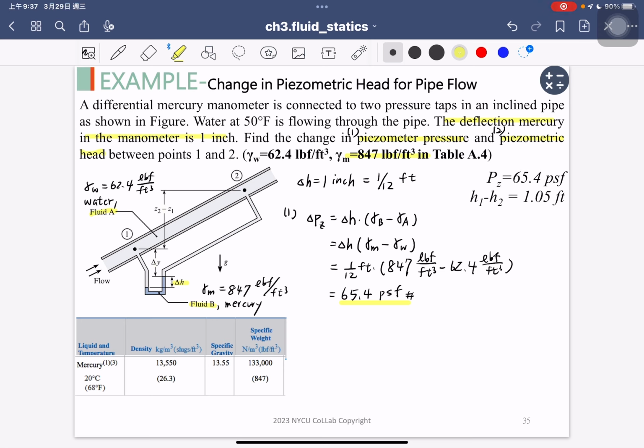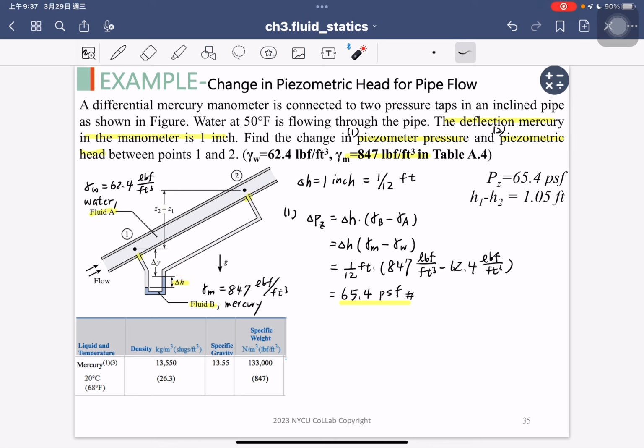You only need gamma A, gamma B and the diffraction height, and you can compute the pressure difference very quickly. If we want to measure from point 1 to point 2, you just put the pressure taps at the locations you want.